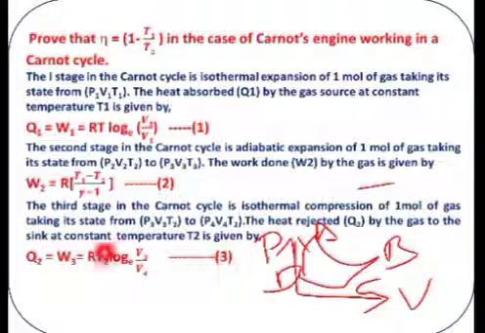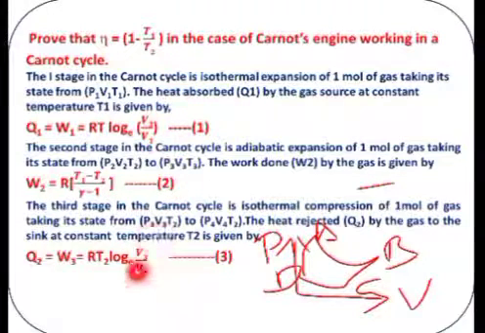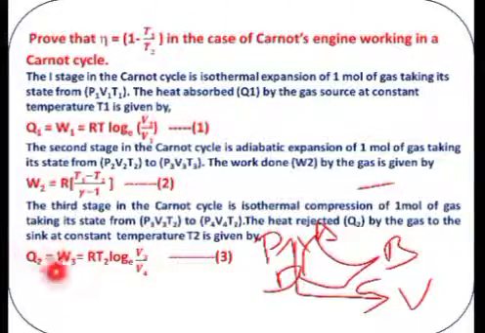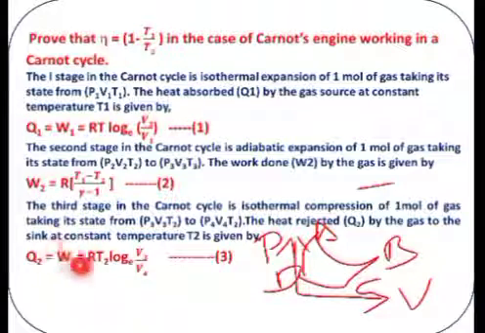Similar equation, but here volumes are changing, temperature is T2 and Q2 is the rejected heat to the sink, and W3 is the work done for the third stage.